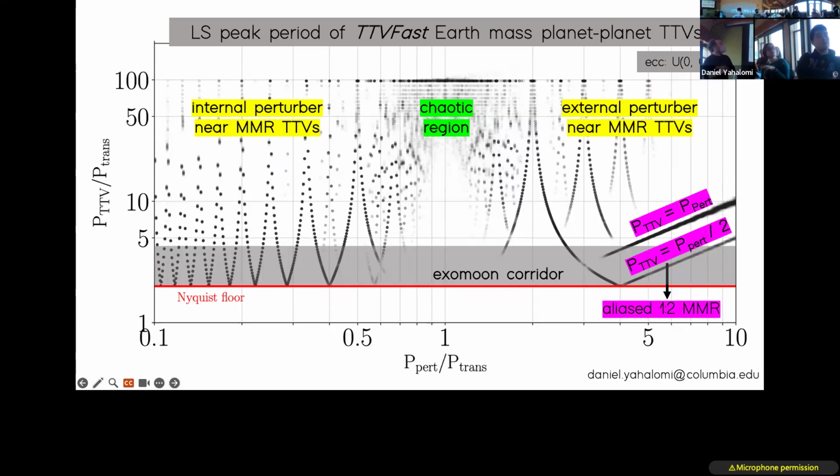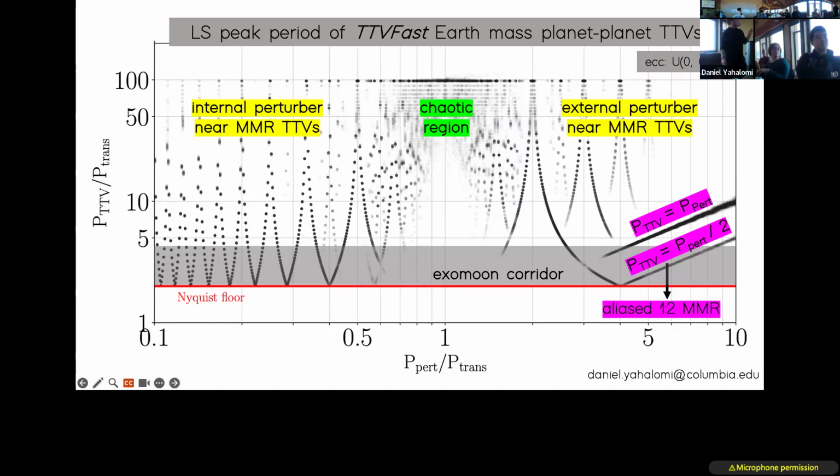So perhaps cheekily, we've started by just simulating low eccentricity systems. These are just eccentricities between 0 and 0.1. When you induce higher eccentricity systems, higher order mean motion resonances are more likely to dominate. But at low eccentricities, you expect first order mean motion resonances, which means 1 to 2, 3 to 4, 4 to 5, 5 to 6, to dominate.